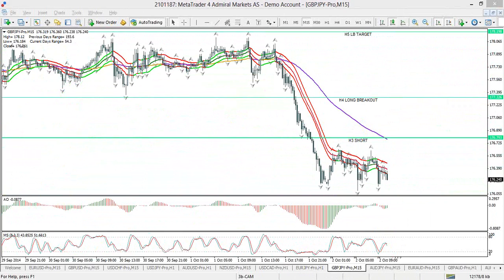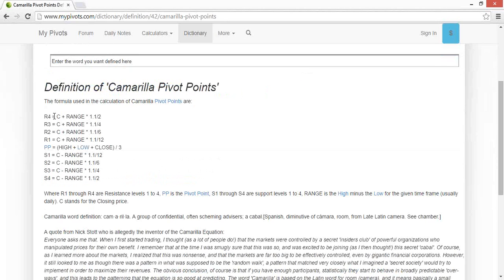Let's try to look it up. Let's see here. Definition of Camarilla, it says R4, but I don't have any R4. I only have R3.